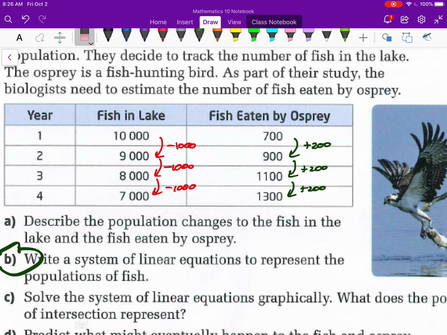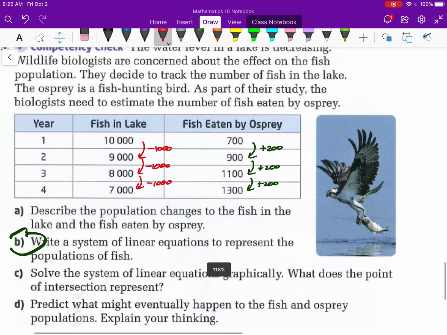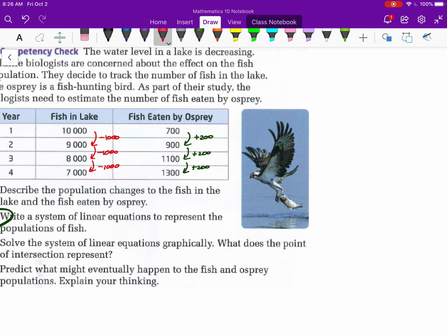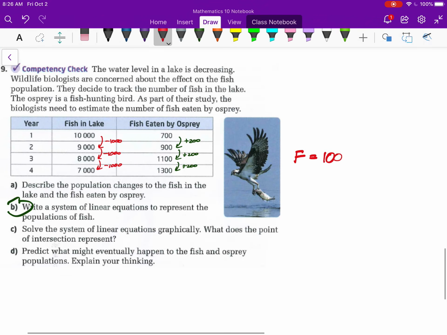But I just got to be a little bit careful because if I say my equation for fish in the lake is something like this, the number of fish in the lake equals 10,000 minus 1,000 times every year, this is wrong because this implies at time 0 there was 10,000 fish, but it was year 1, not year 0.